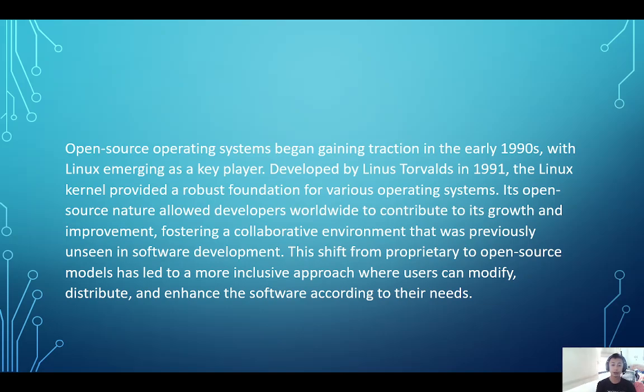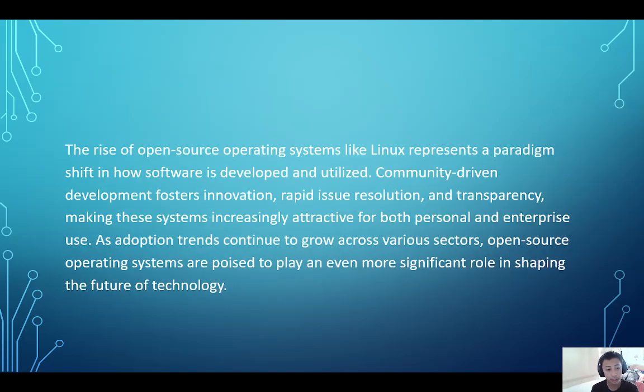This shift from proprietary to open source models has led to a more inclusive approach where users can modify, distribute, and enhance the software according to their needs. The rise of open source operating systems like Linux represents a paradigm shift in how software is developed and utilized.